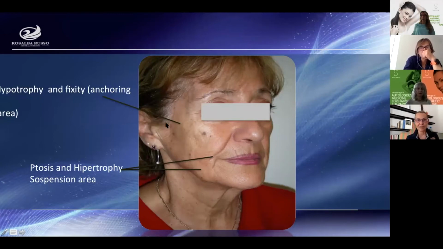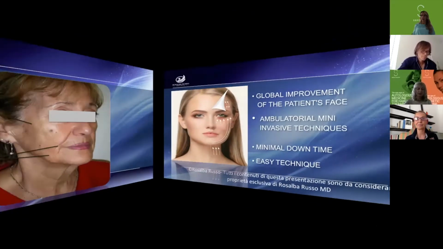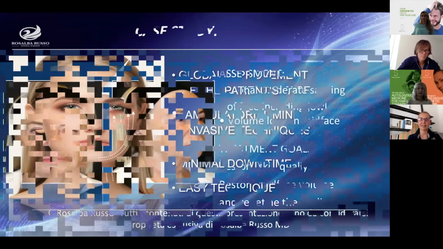Here you can see the hypertrophy and fixed area, and here the ptosis and hypertrophy and suspension area, nasolabial fold and jowl, superior and inferior jowl again. What we have is a global improvement of the patient's face. The technique is not invasive, with minimal downtime, and is a very easy technique.